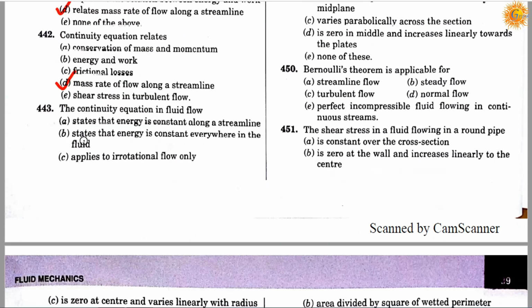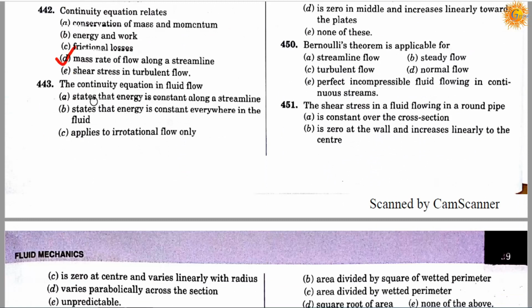Question number 443. The continuity equation in fluid flow, option A, states that energy is constant along a streamline. Option B states that energy is a constant everywhere in the fluid. Option C applies to irrotational flow only.